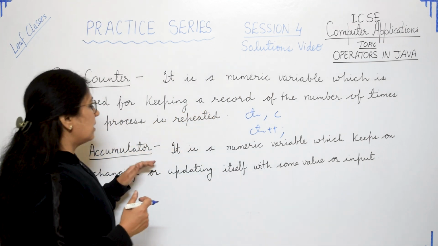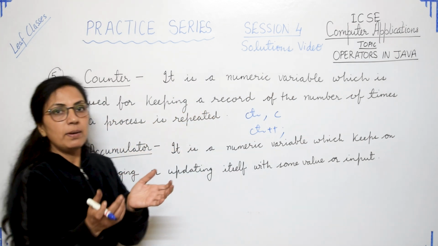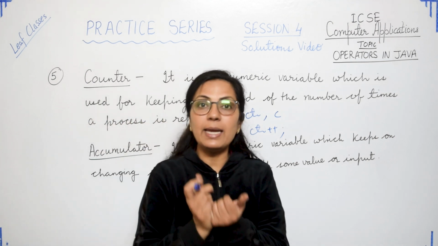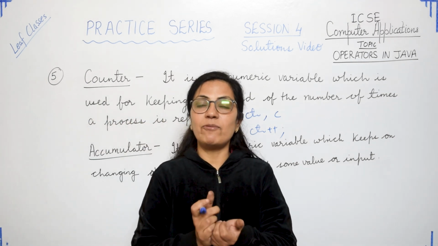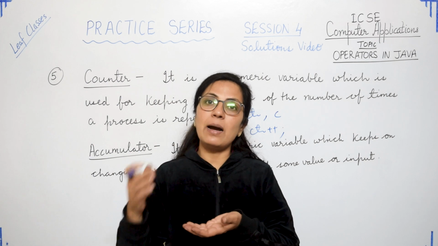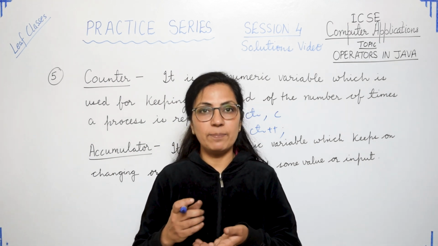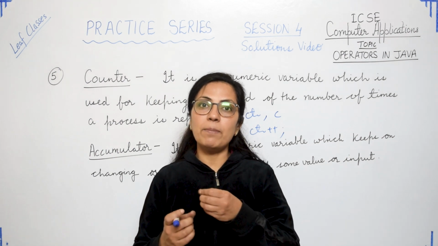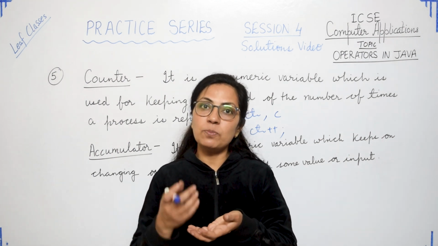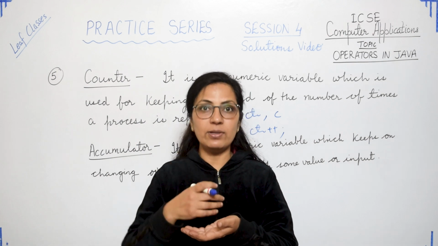And the second term is accumulator. Accumulator means which accumulates, which stores some value and keeps on updating. If I say input 20 numbers and find their sum, every time you enter a number, the value of sum is updated with that number.